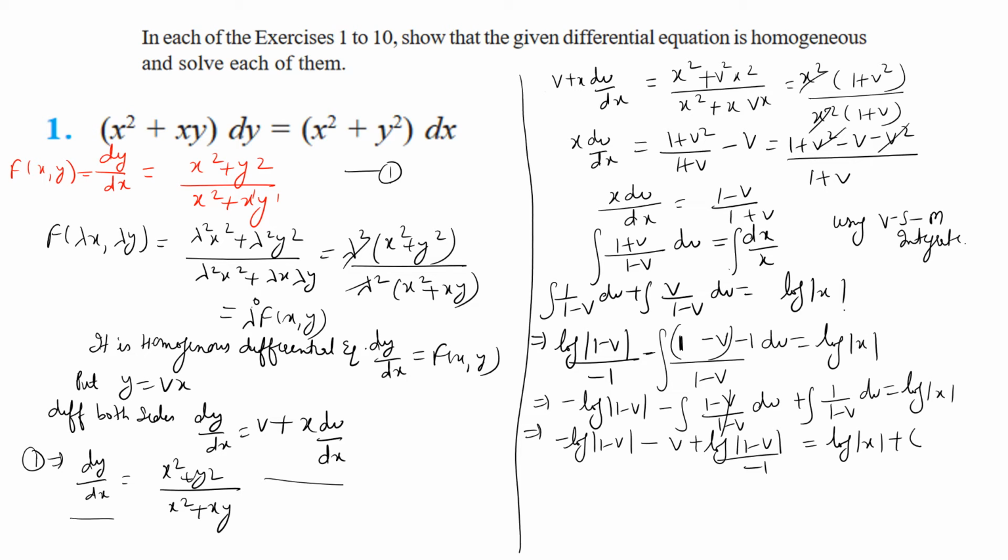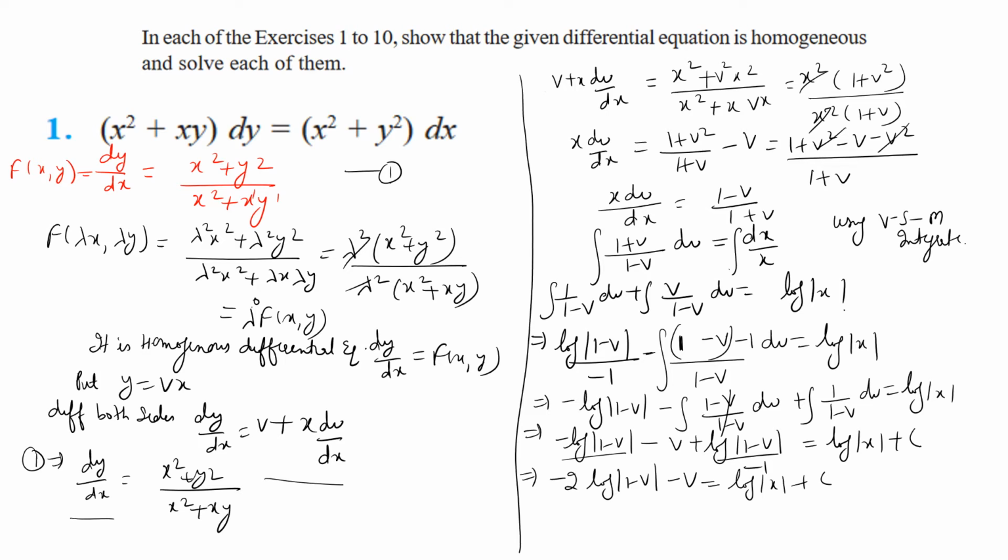So the constant here will be c, because we are not going to take log c. If all the integrals are resulting in log, the constant will also be of log, for simplification. So as we will get minus log 1 minus v and minus log 1 minus v, that is minus 2 times log 1 minus v, and this is minus v, which equals log of x plus c.